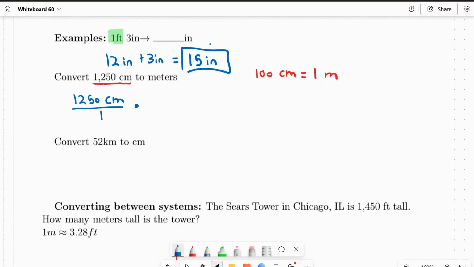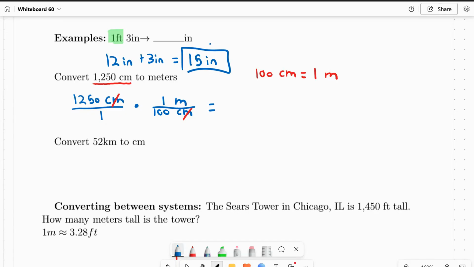Now we'll use our fraction that we looked at on the back side to convert this. I'm going to put 100 centimeters in my denominator and 1 meter in my numerator. The reason I set it up this way is so that the units that I no longer want will cancel out diagonally, leaving me with just meters.